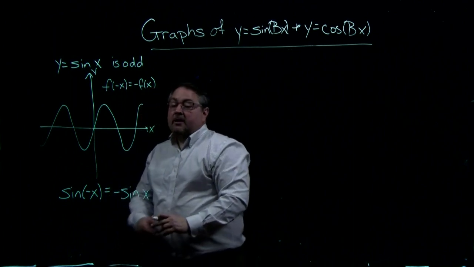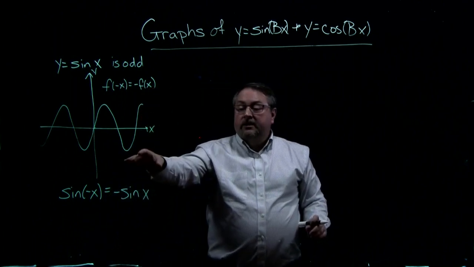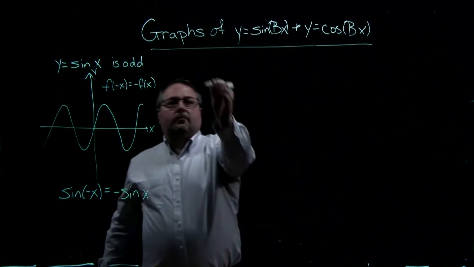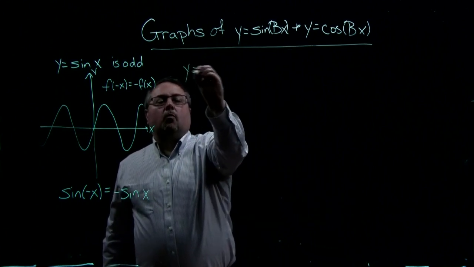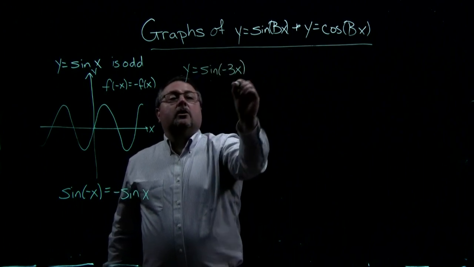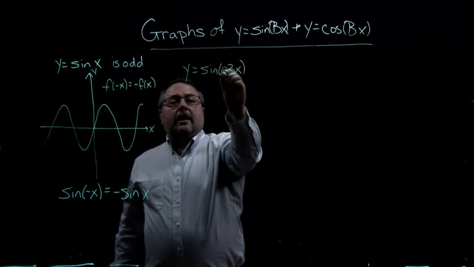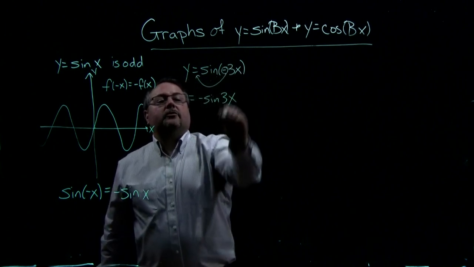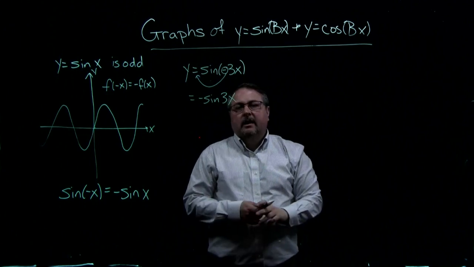So when we're dealing with a sine function and there's a negative inside of it multiplying the x, we can actually pull that minus sign out. For example, if we wanted to graph y equals the sine of -3x, since the sine function is odd, we can pull that minus sign out and instead do negative the sine of 3x.